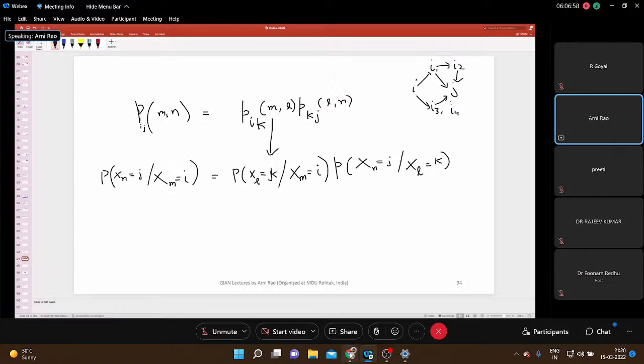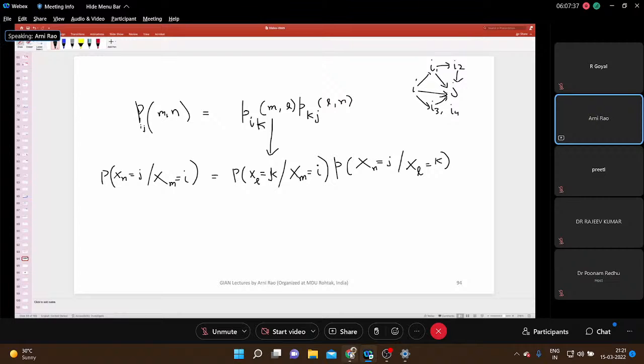What is happening here? Suppose there are many states. From i you can reach j either directly, or through some other state: i to some other state, and then that state to j. We are computing the probability of reaching j from i from the mth step to the nth time step. So i to k to j, where k is arbitrary, meaning k could be any of these states.